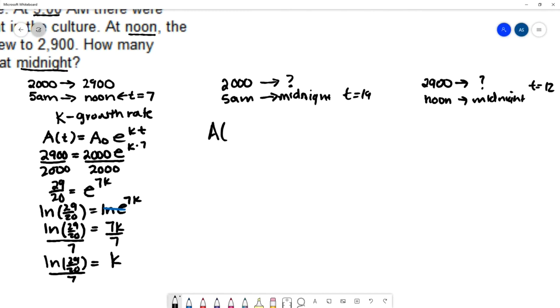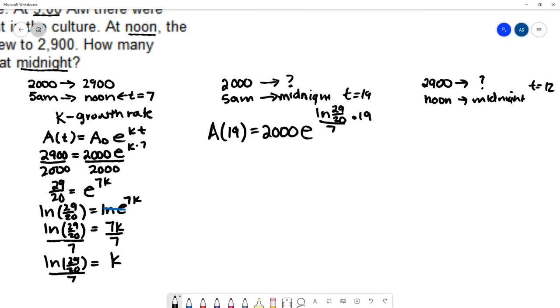starting at 5 a.m., you're going to use 19 hours, 2,000 bacteria to start, e, and you'll use the k that you just figured out, natural log of 29 over 20, over 7 times 19.